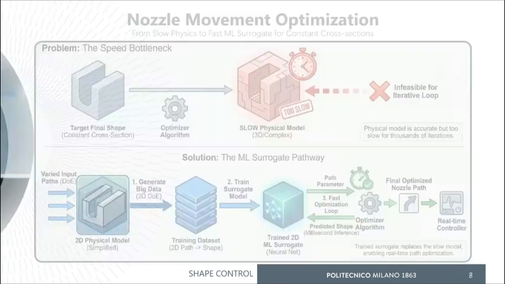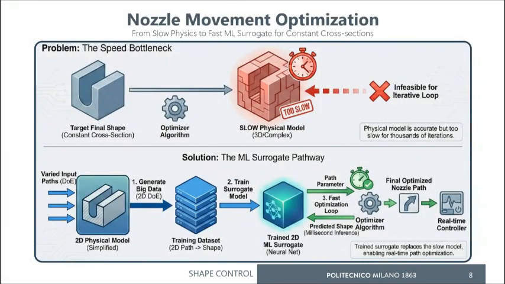In order to optimize the nozzle movement based on a final desired shape, we need to integrate this physical 3D model with an optimizer. But because this model is a little bit slow, it takes a lot of time to optimize the nozzle movement. So here we decided, instead of the physical model, to use a surrogate machine learning based model.